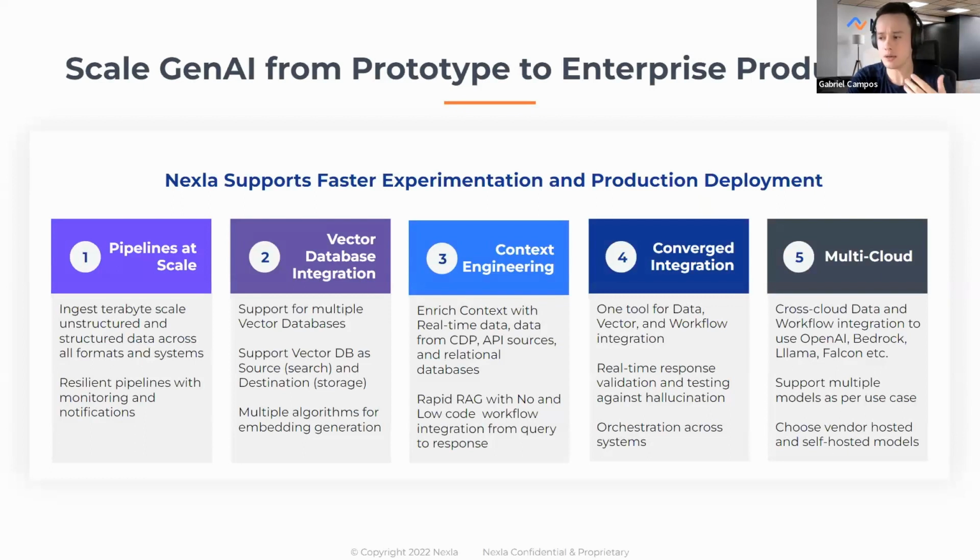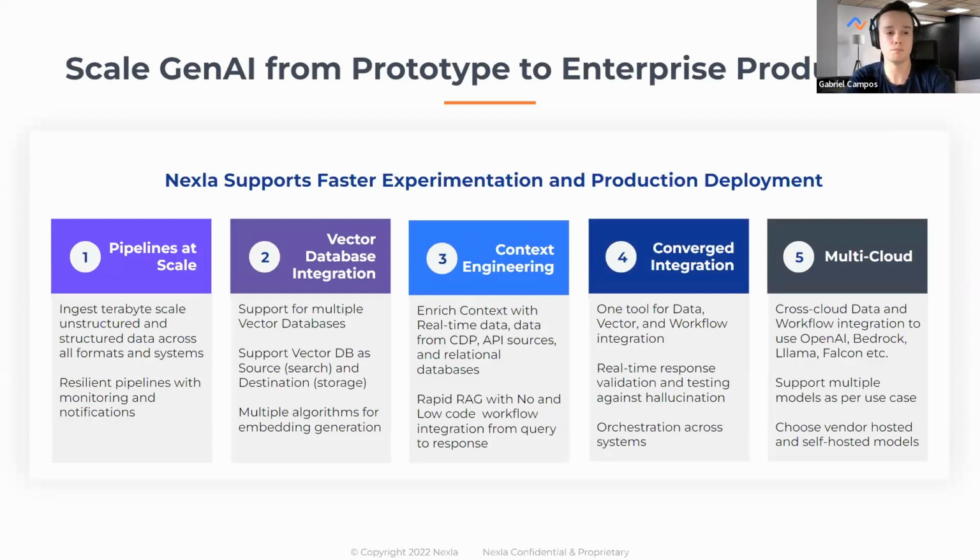Talking about Gen AI specifically, Nexla stands out for its flexibility and adaptability regarding scaling Gen AI projects from early experimentation to full-scale enterprise deployment. We can efficiently handle large-scale data ingestion, supporting diverse data formats and systems out of the box.